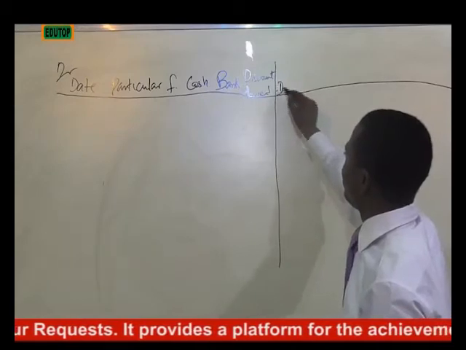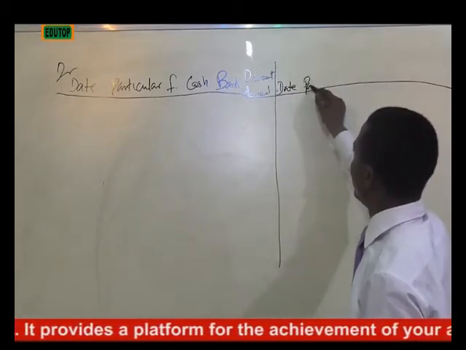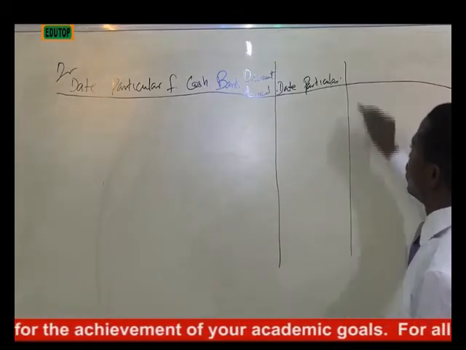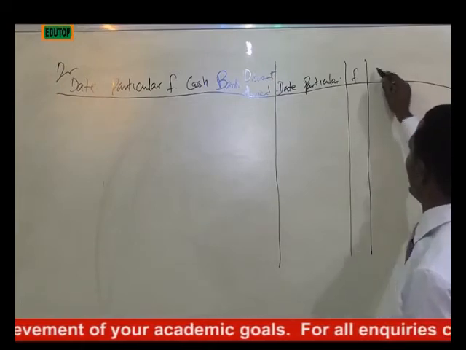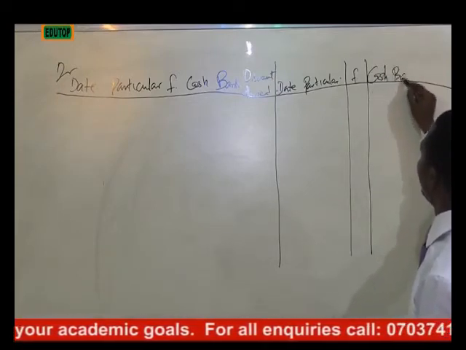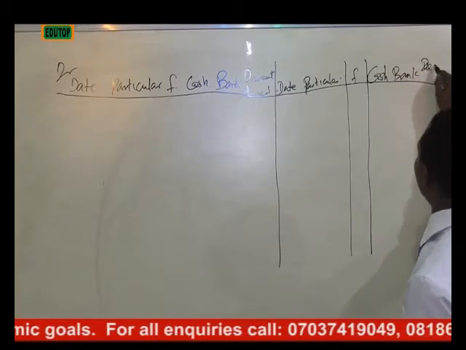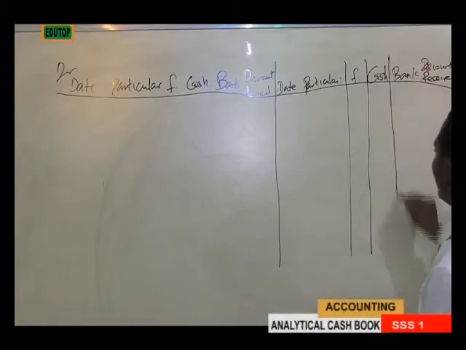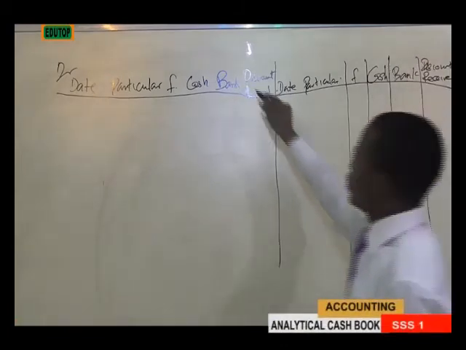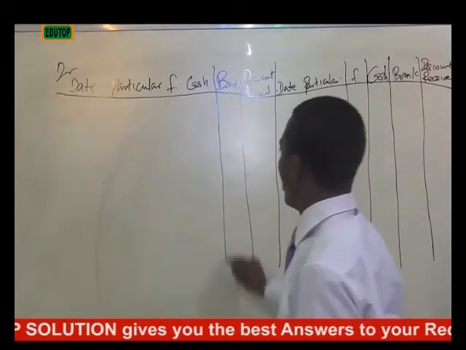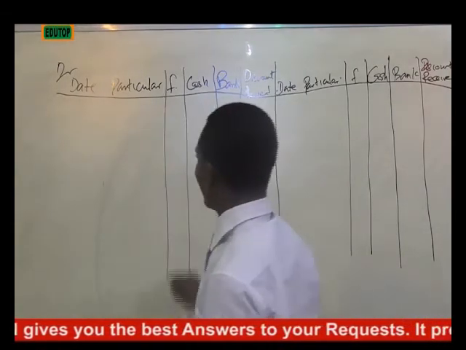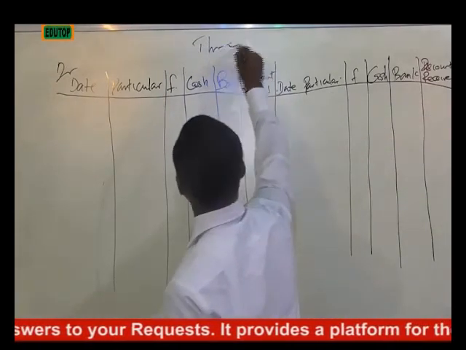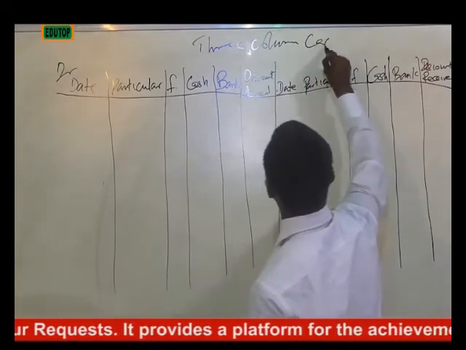Now, on the credit side, we have date, particulars, folio, cash, bank and discount received. So these are the three-column cash book. That is the format that I use for it.